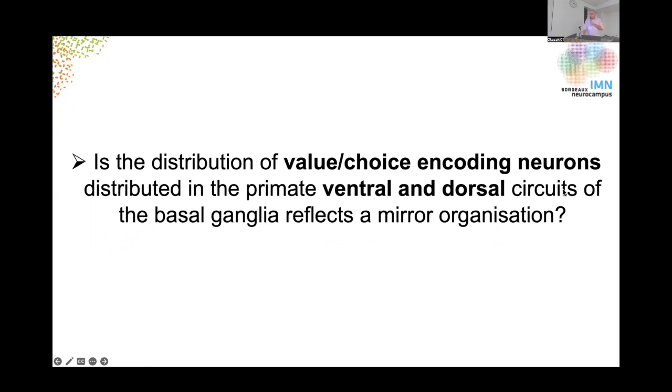And our hypothesis, our question, is whether the distribution of value and choice encoding neurons in the primate ventral and dorsal circuits of the basal ganglia will reflect a mirror organization of the critic and the actor.